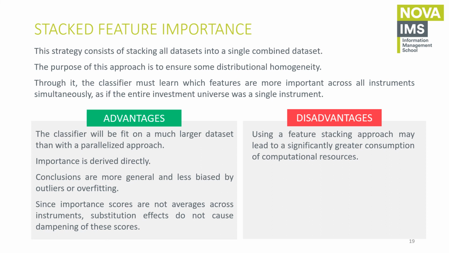Importance is derived directly, and conclusions are more general and less biased by outliers or overfitting. Since importance scores are not averages across instruments, substitution effects do not cause dampening of these scores. Finally, for disadvantages, using the feature stacking approach may lead to significantly greater consumption of computational resources.